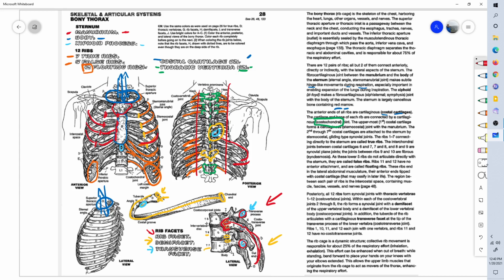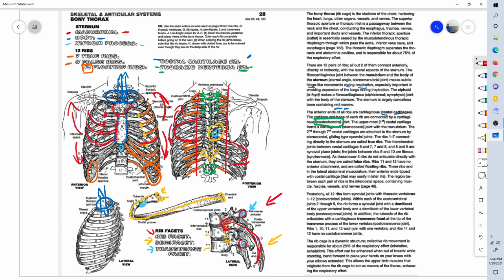And in fact, when you inspire, you inhale, the rib cage elevates, and when you exhale, the rib cage depresses. And in fact, these ribs move in what's called a bucket handle movement. If you imagine each of these ribs as a bucket handle, you lift the bucket handle up, or the bucket handle can drop down.